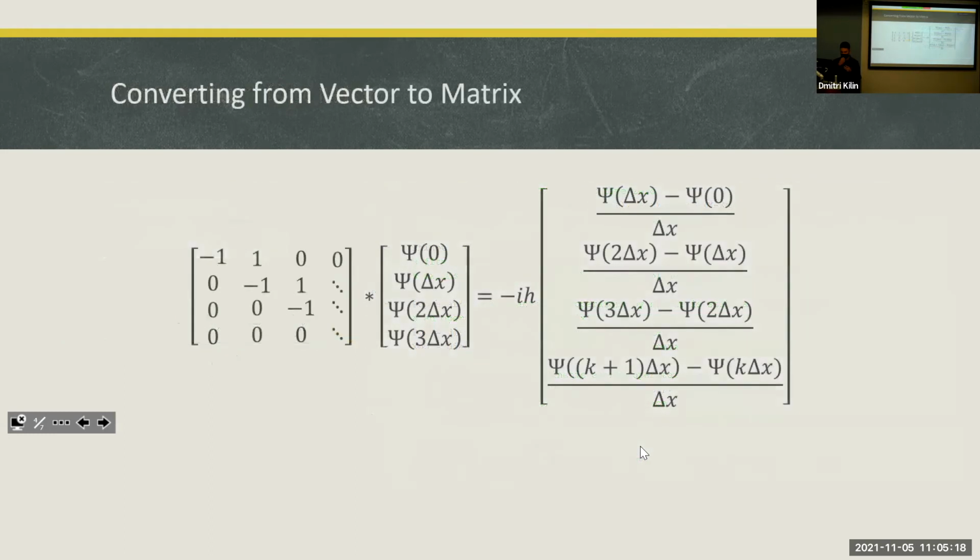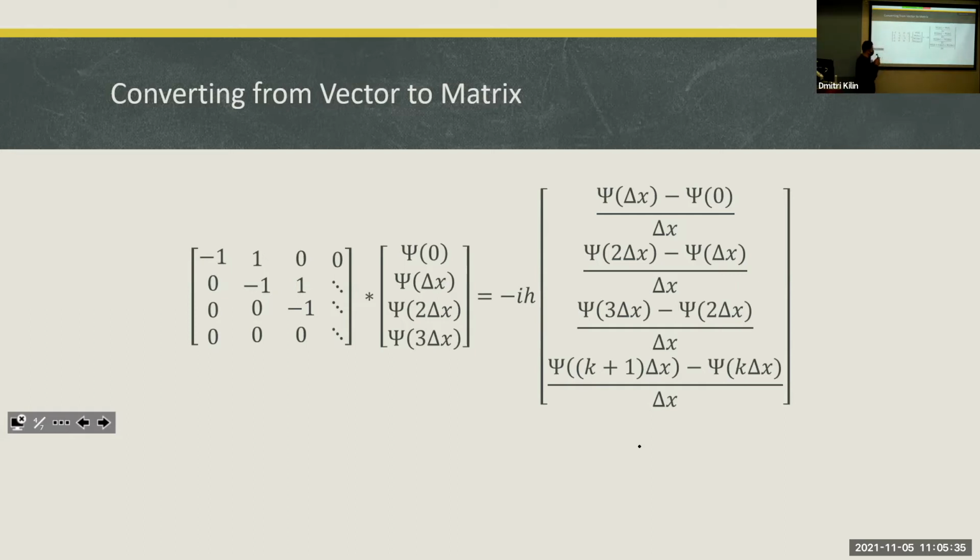How we convert from a vector to a matrix is we take the individual vector values of the wave function, and then multiply by a square matrix with -1 on the diagonal and 1 on the upper subdiagonal.